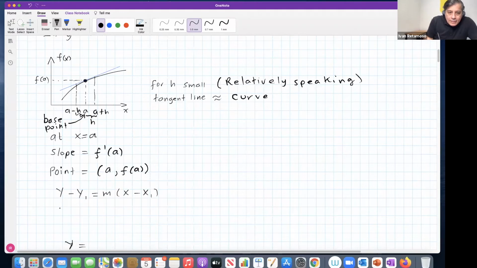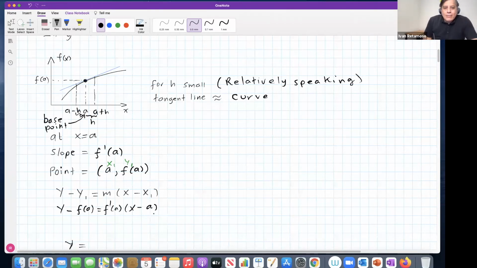From there, y minus y1, where y1 is f of a, so y minus f of a should be equal to the slope. But what is the slope? We have it. It is f prime evaluated at a, times x minus x1, but x1 is a, the base point.